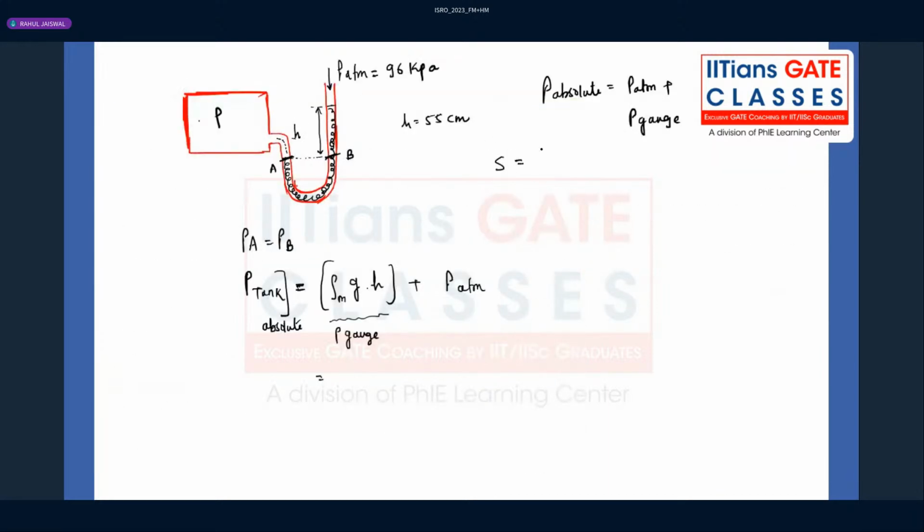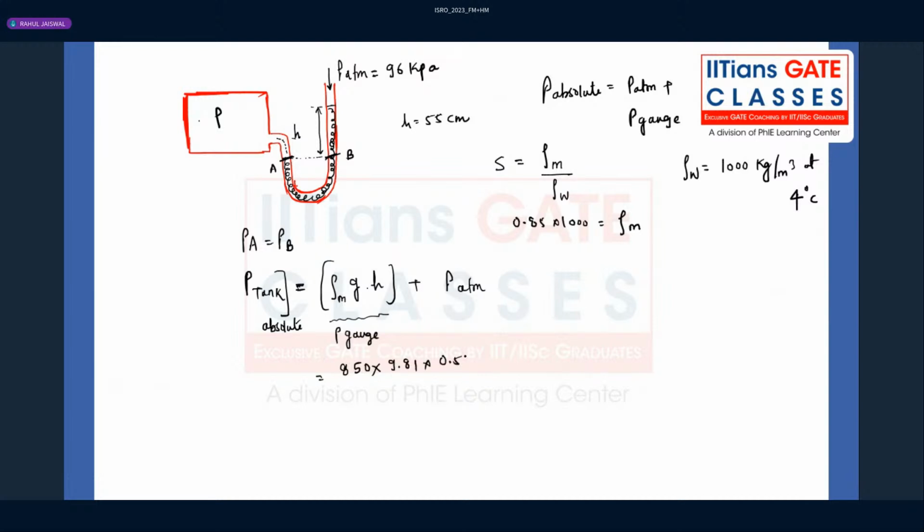What is the meaning of specific gravity? It is the rho of any fluid to rho of a standard fluid. In the case of liquid, what standard fluid are we assuming? We assume the standard fluid to be the density of water at 4 degrees centigrade. So 0.85 into 1000 gives me the density of the manometric fluid, that is 850. The g value is 9.81.